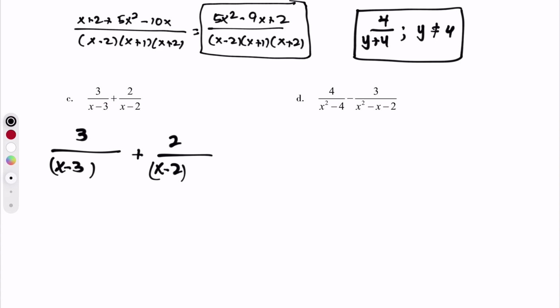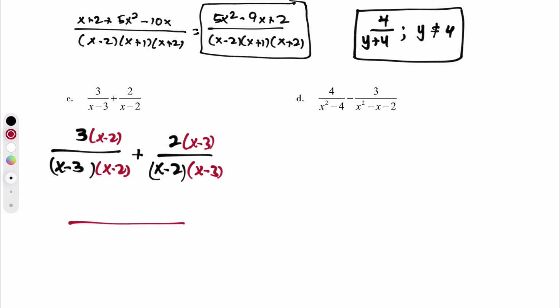Well, the common denominator is simply the two binomials multiplied by each other. So x minus 3 needs an x minus 2, and so does the numerator. The second fraction needs an x minus 3 in the top and the bottom.